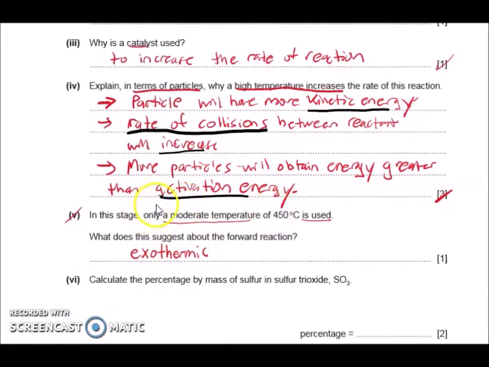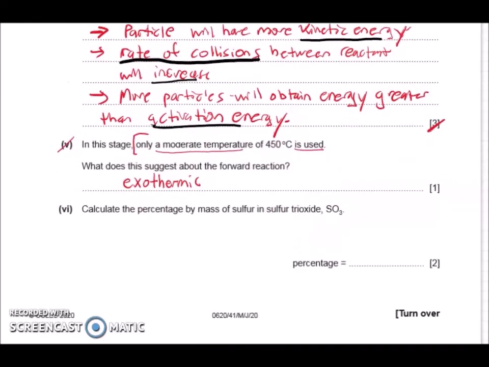So that's why they mention only a moderate temperature is used, because if they heat it up more, the outgoing heat energy will be more, because this reaction is exothermic.